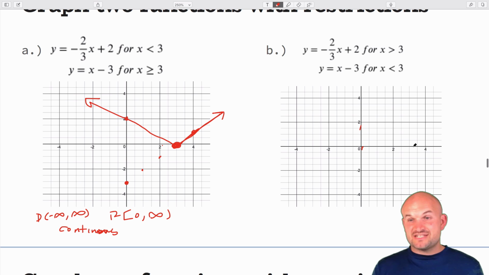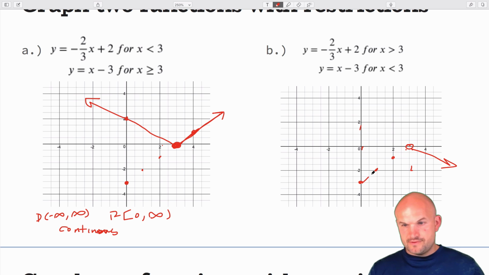But that's going to be for x values greater than 3, so I'm going to use an open circle, and I'm going to continue this graph down 2 over 3, so it's going to go that direction. And then I have x minus 3, same graph, but it's going to be an open circle, for x less than 3. So let's follow that graph again.